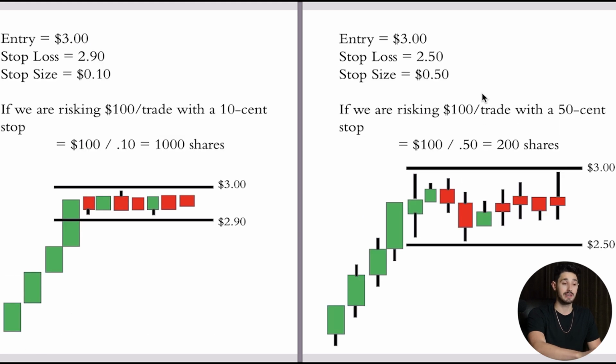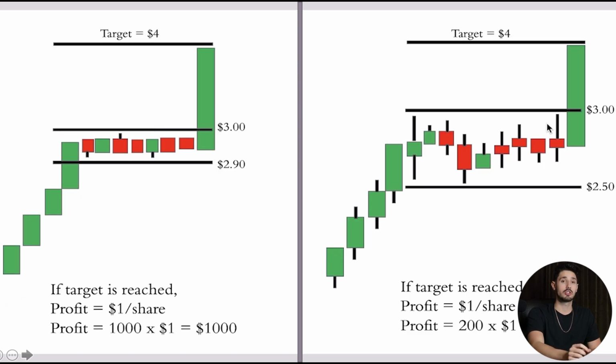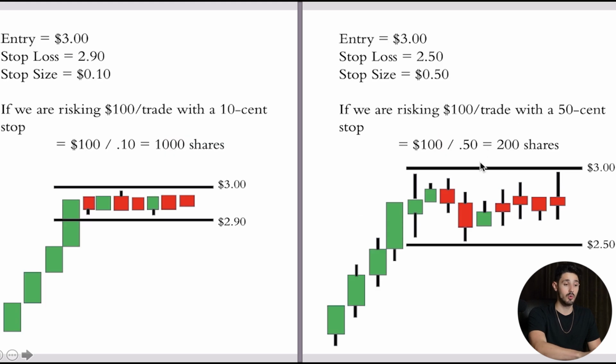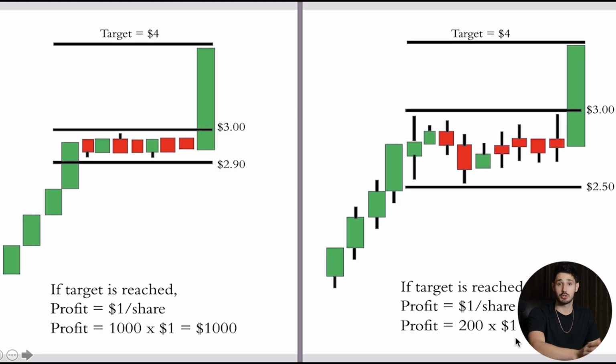However, remember, during setup 2, we only were able to buy 200 shares because the size of our stop was larger than setup 1's. So because we have a larger stop loss, in this case, since we only bought 200 shares, $1 per share for 200 shares, that's $200. So as you can see, we're making way more on setup 1.